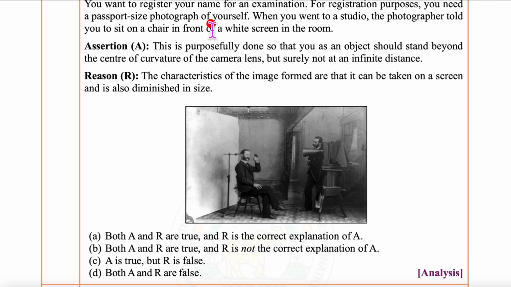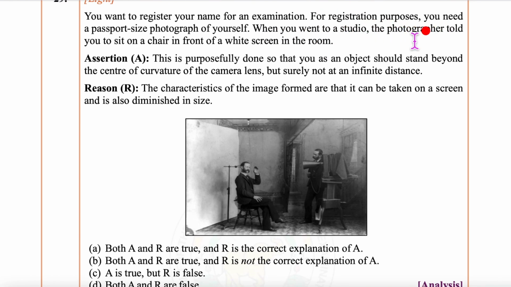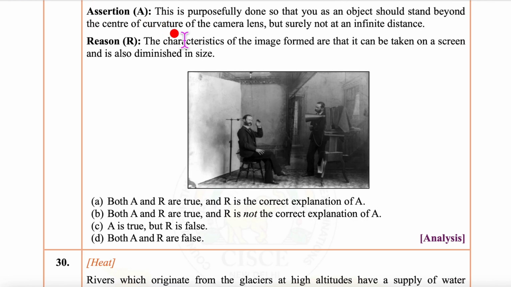29th question. You want to register your name for an examination. For registration purpose, you need a passport size photograph of yourself. When you went to a studio, the photographer told you to sit on the chair in front of the white screen in the room. Assertion A: This is purposefully done so that you as an object should stand beyond the center of curvature of the camera lens, but surely not at an infinite distance.